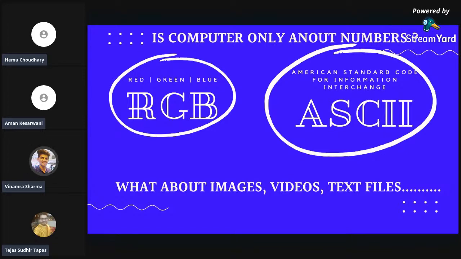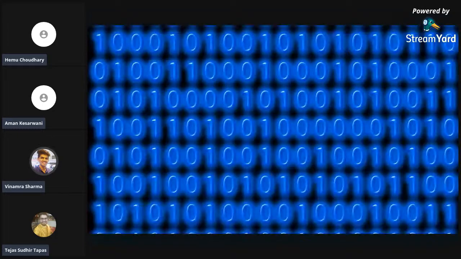Similarly, videos are nothing but fast moving pixels, that is, images. Then there are audio files, which are again decoded with binary. So everything is getting changed into binary.